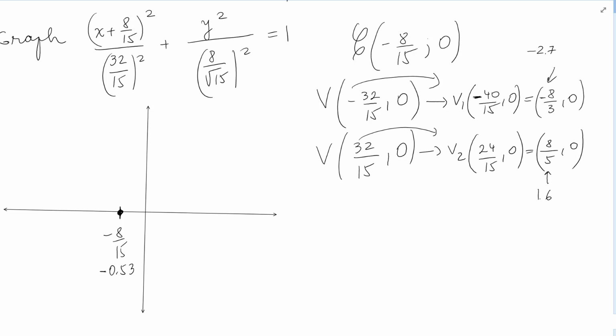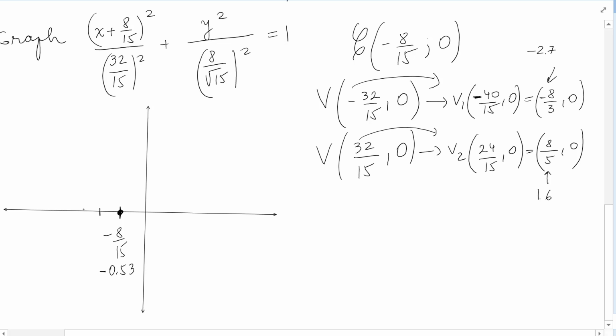So I transformed the fractions into that to be able to graph them better. Negative 8 over 3 is about negative 2.7, that would be like 5 more.